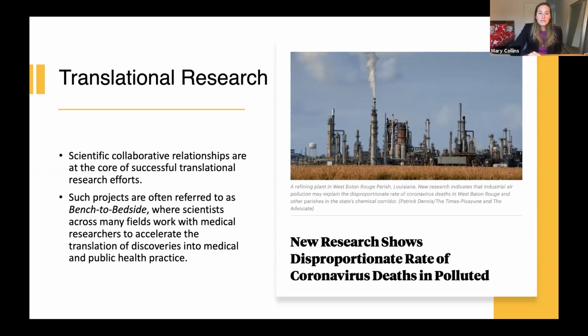Some people refer to translational research as bench to bedside, where scientists work across many fields with medical researchers to try and accelerate both the translation of discovery that might happen at the bench and the types of practice, either of medical professionals or public health professionals, that might happen at the bedside. And these are really looked at as going both directions.